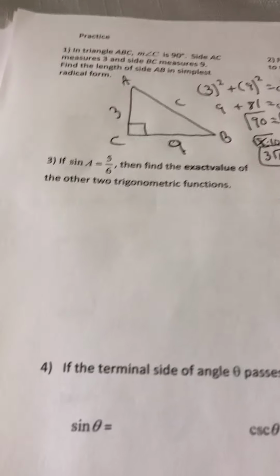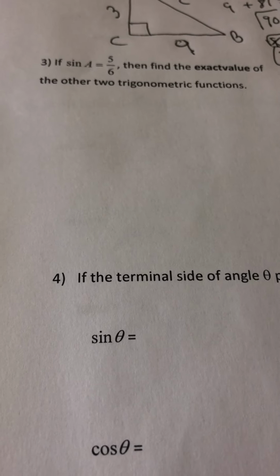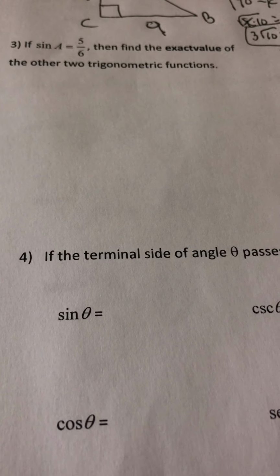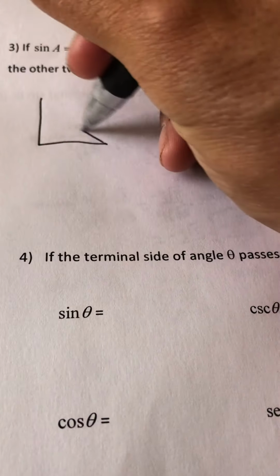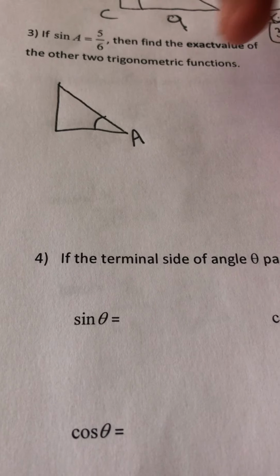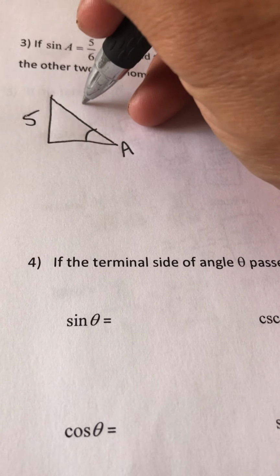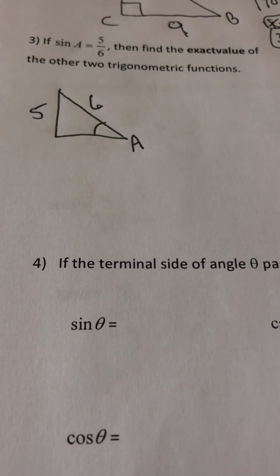The next one, we're going to find the exact value of the other 2 trigonometric functions. So for this, we're just looking for cosine and tangent. So we're going to draw a triangle. Label A. So sine is opposite over hypotenuse, 5 over 6. We're going to use the Pythagorean theorem.